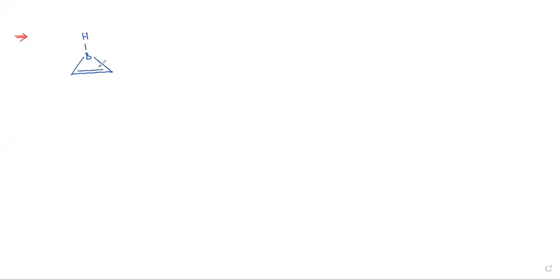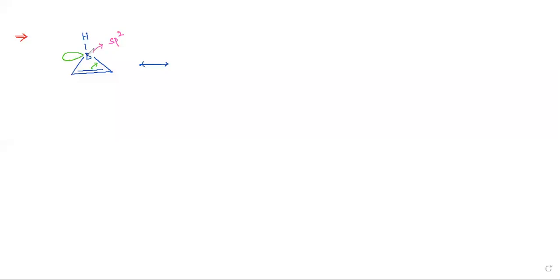Now, coming to this. See, here also the hybridization, of course, the pi bond, even that of boron is sp2, right? In this case, we can take it here because even boron will have a vacant p orbital.